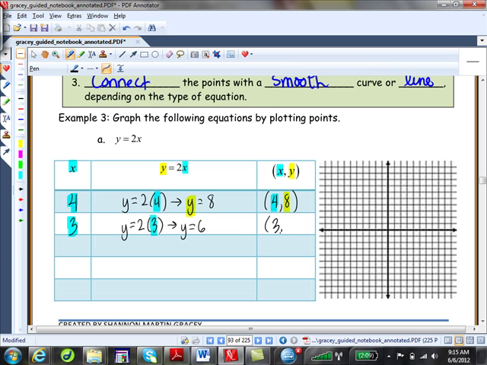So we'll have 3, 6. Okay. And then 0 is always good to plug in. So we'd get y is equal to 2 times 0. So y will be 0. We get the ordered pair 0, 0.